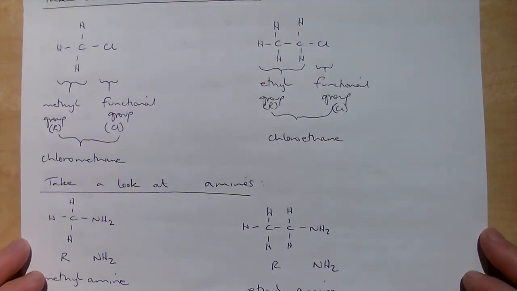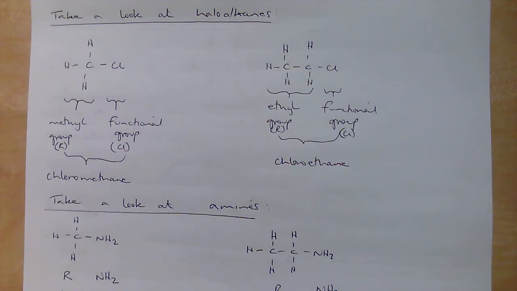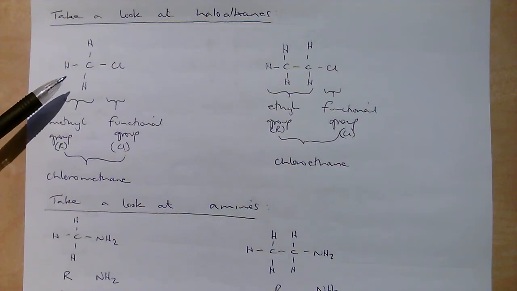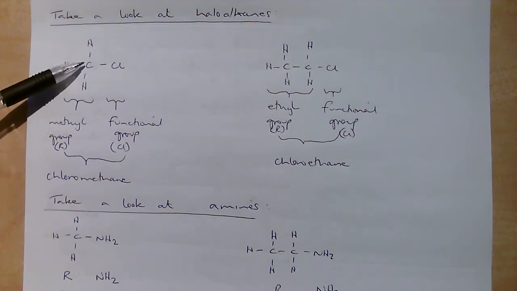Let's go through some of the molecules that we looked at in the previous video when naming compounds. First of all, haloalkanes. This is when an alkyl group is attached to a halogen. Here we've got an alkyl group attached to a chlorine atom. That's my methyl group.